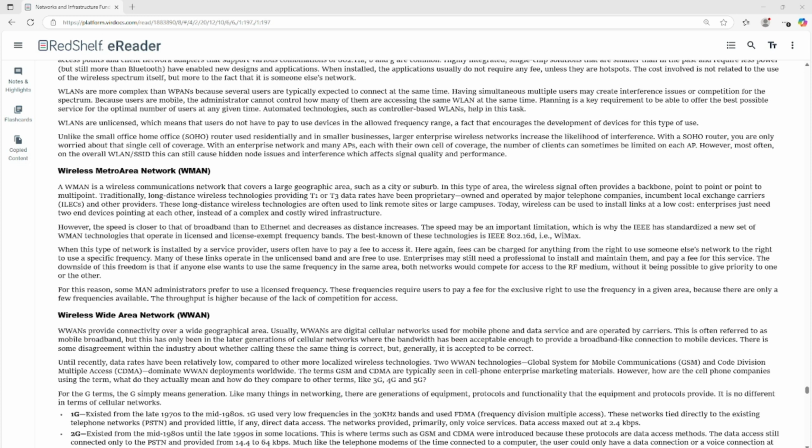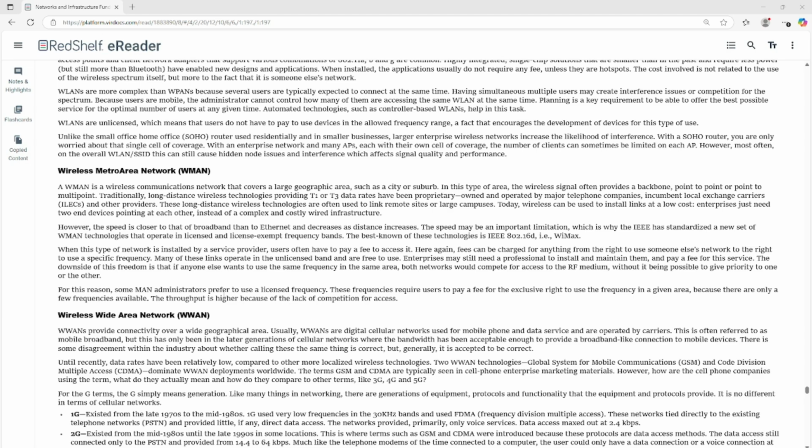The downside of this freedom is that if anyone else wants to use the same frequency in the same area, both networks will compete for access to the RF medium, without it being possible to give priority to one or the other.